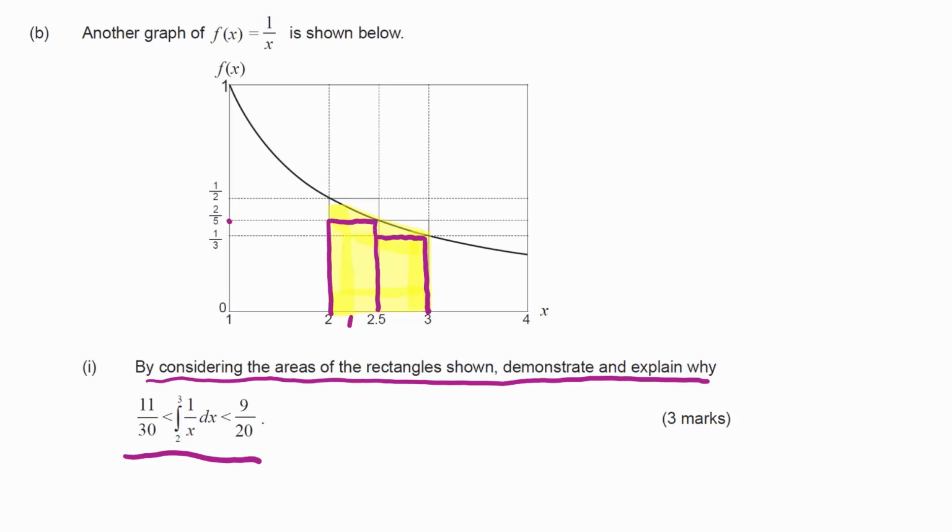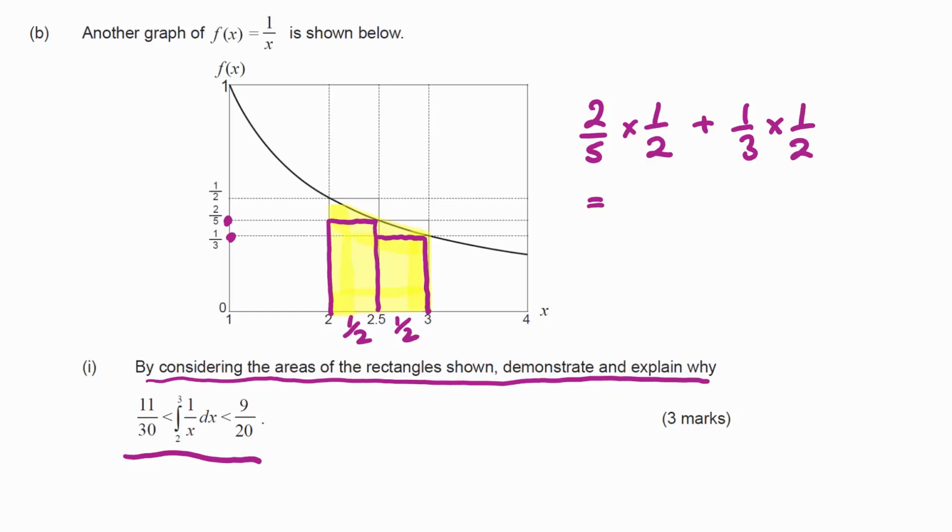Now we can see they've both got a width of a half. And so the height of the first one is 2/5, so 2/5 times a half. And the second rectangle, its height is 1/3. And the width, of course, is a half again.